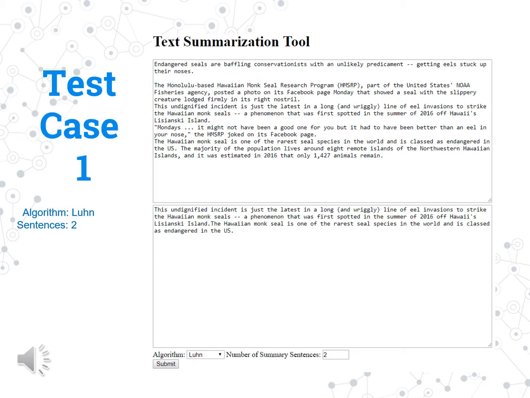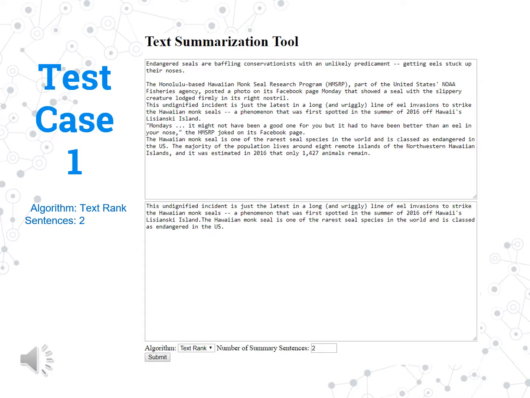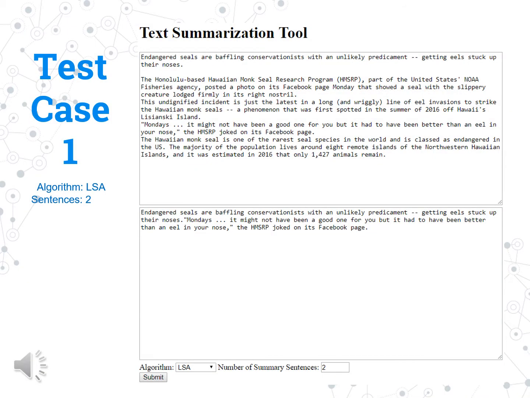The result shows on the screen. This algorithm is TextRank, and the result is similar to the Luhn algorithm. This algorithm is latent semantic analysis (LSA). The result is different from the Luhn and the TextRank algorithms.